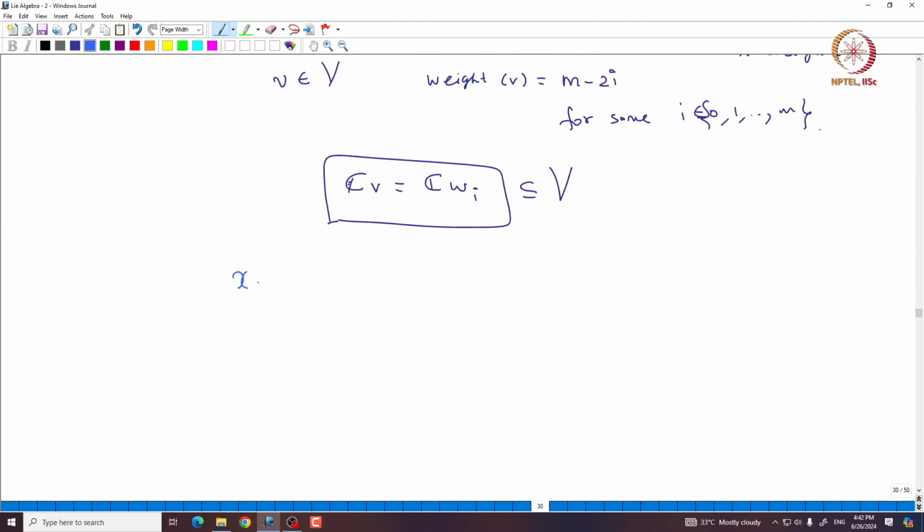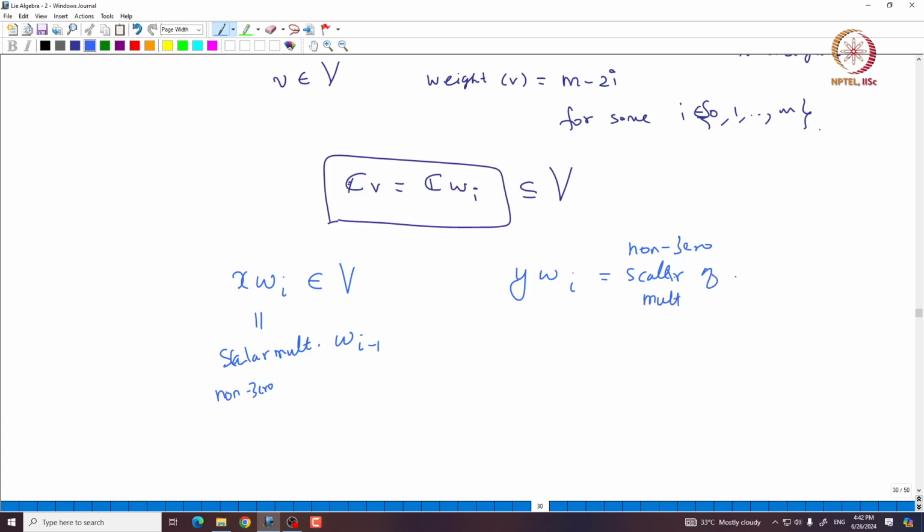By applying x on w_i, we will get some scalar multiple of w_{i-1}. Similarly, by applying y, we will get a scalar multiple, and again a non-zero scalar multiple, that is more important, of w_{i+1}, that is in V.